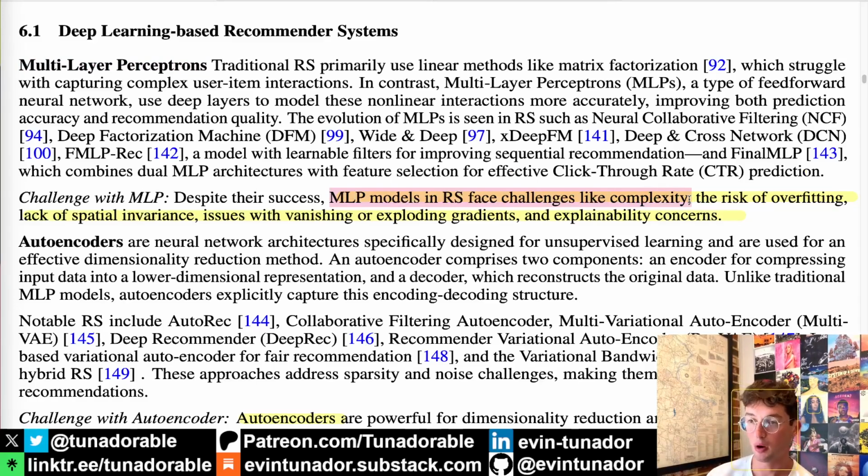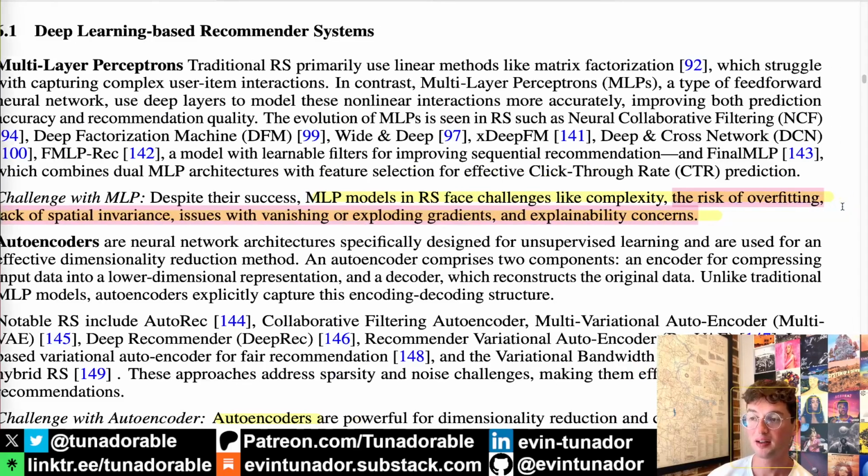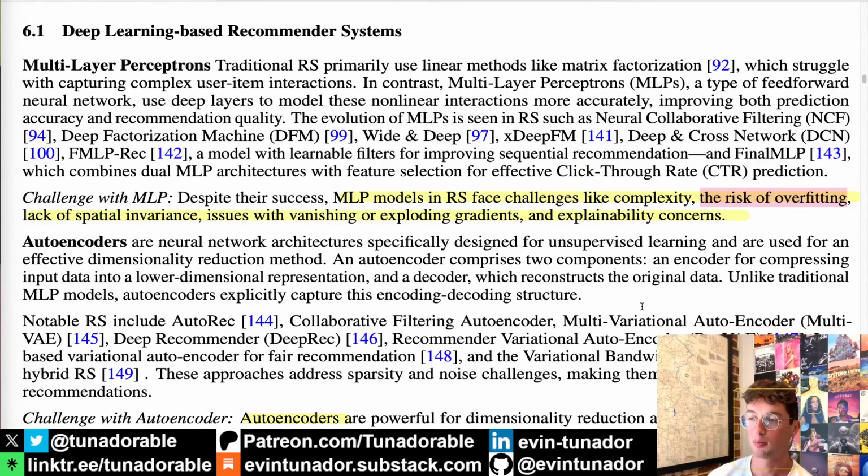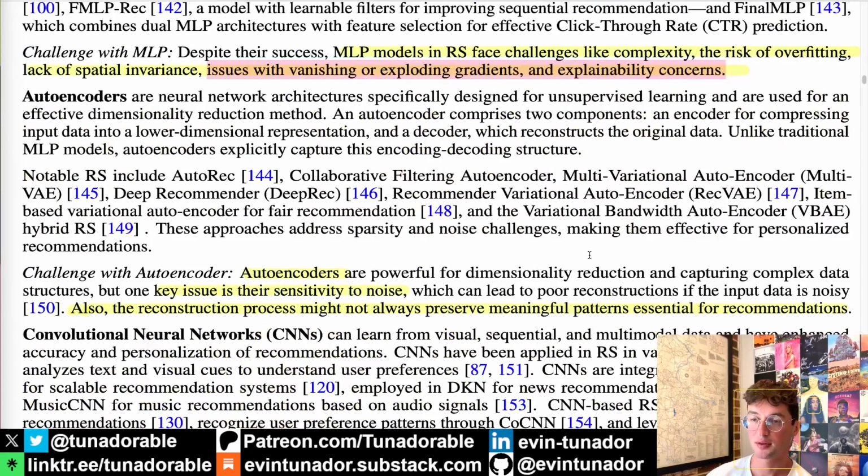Non-linearity is huge, don't get me wrong, but it still does not quite have the same level of benefit as something like a ResNet. The risk of overfitting is huge with MLPs, especially with small data sets, if you're doing multiple epochs over them. The lack of spatial invariance: MLPs have no sense of which user is which or any of these issues. The equivalent thing in transformers and LLMs would be a lack of positional encoding. Vanishing and exploding gradients and explainability, of course, are always issues with something like that.